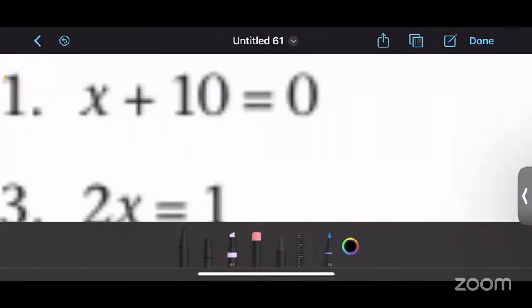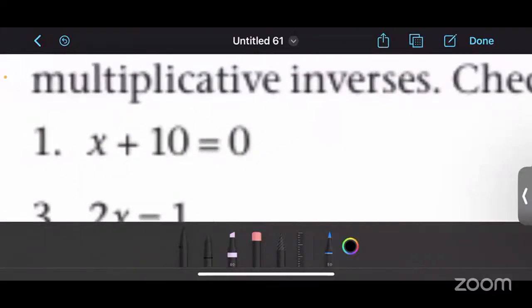So x is not going to be equal to 10, right? Because remember we said when you are solving an equation and you have x or any letter, any variable, you're going to make sure that your variable is on one side and the numbers are on one side, right? So you can either choose to move the variables or to move the numbers.